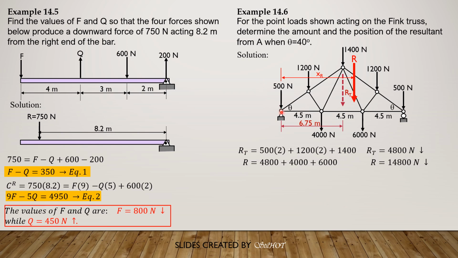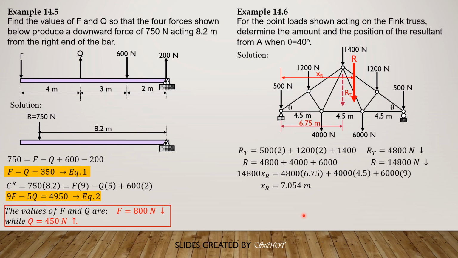We sum up moments about the left end. Then it is equal to the sum of the moments of its components. So 14,800 XR equals RT, 4,800, its distance is 6.75, plus 4,000 times 4.5, then plus 6,000 times 9. So solving for X sub R equals 7.054 meters.